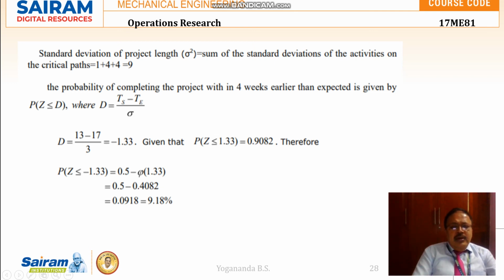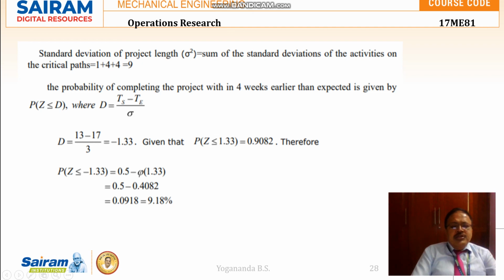Having the normal distribution reference, the central line is 0 and towards the right side we have plus, the probability of the duration being more than the expected time, and to the left we take when the project is to be completed earlier than the expected time. That's why we are getting a minus sign here.